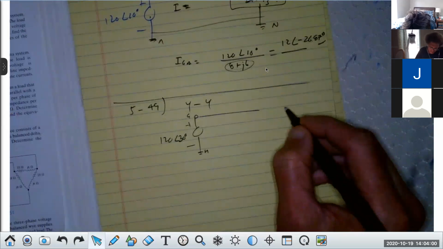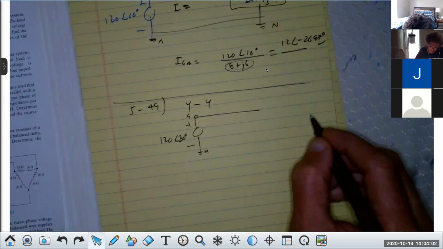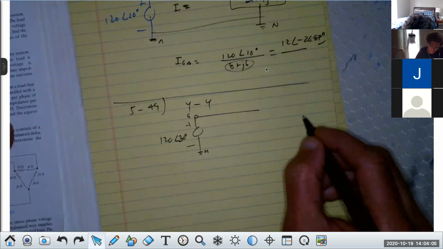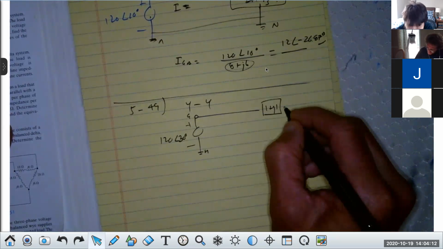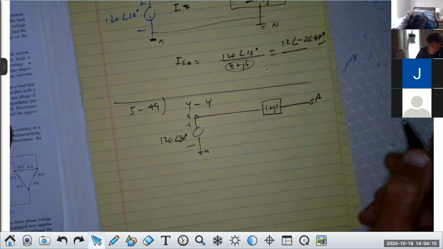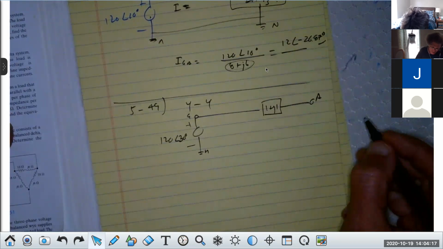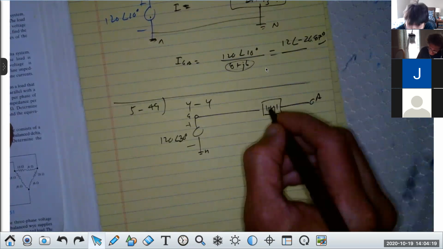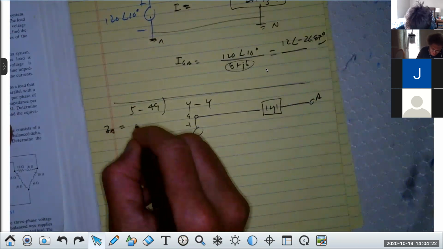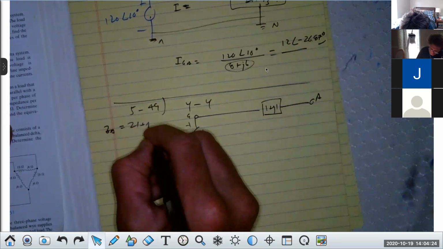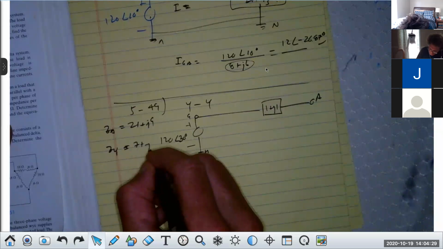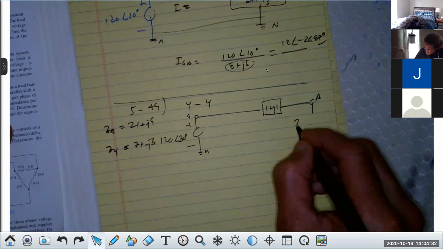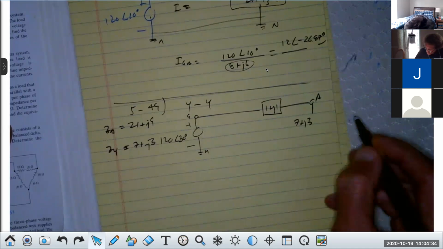Then they have the line impedance, I'm sorry. Here. They have a line impedance of 1 plus J1. So 1 plus J1 is this. Then that's capital A. And they have the load impedance, but it's in a delta configuration. So this is Z delta is equal to 21 plus J9, which means ZY is equal to 7 plus J3 ohms. Right here.